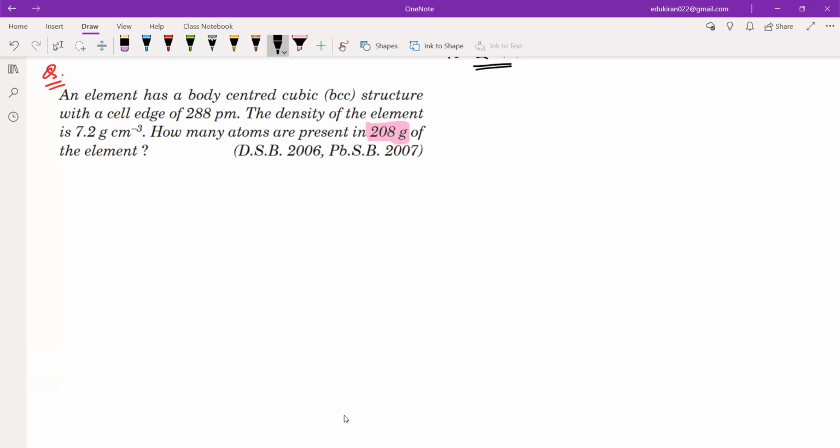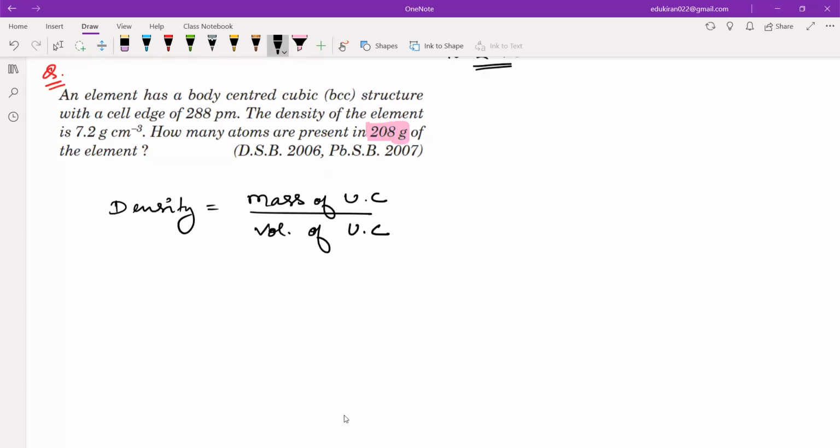So they have given that an element has this much, density is equal to that much. Okay, fine. So you have density is equal to mass of unit cell divided by volume of unit cell.